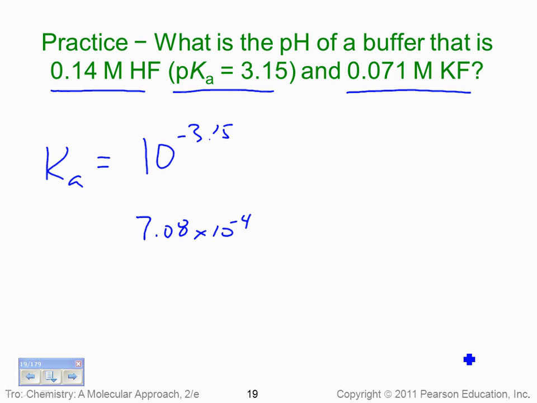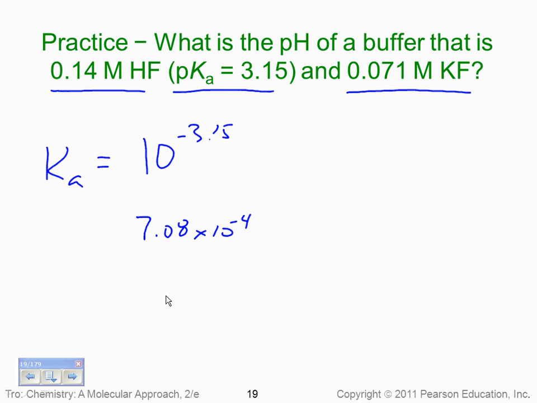So maybe up 1 or down 1, somewhere between a pH of 2 and 4 would be a reasonable value. In the back of my mind, that's my check before I actually calculate the concentrations. I know that the pH has to be somewhere between 2 and 4 for a typical buffer, so that's the number I'm expecting.